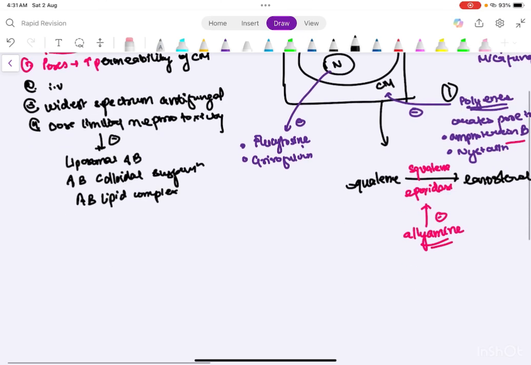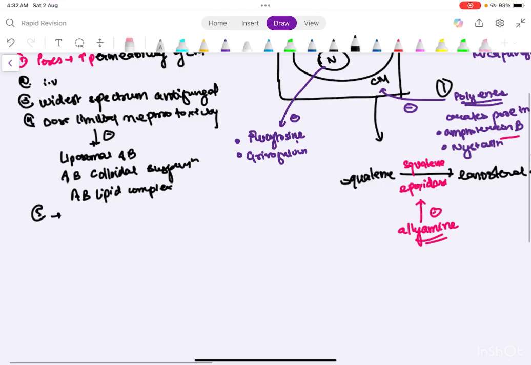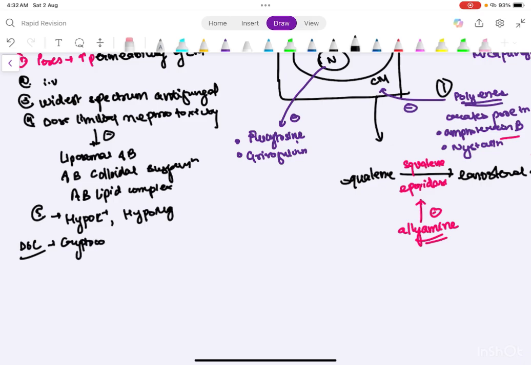Now, it also causes hypokalemia and hypomagnesemia. Now it is the drug of choice for cryptococcal meningitis, mucormycosis, and infection by sporothrix.